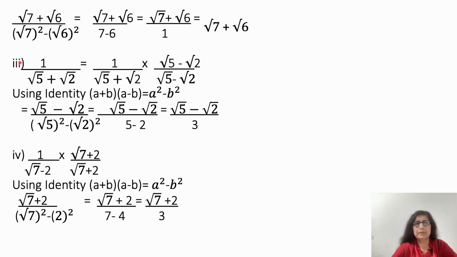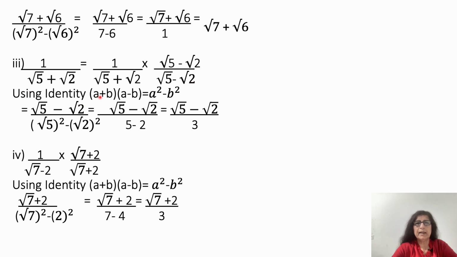We move on to part 3, 1 upon under root 5 plus under root 2. We multiply both numerator and denominator by the changed sign of this expression. So we multiply it by under root 5 minus under root 2 upon under root 5 minus under root 2.